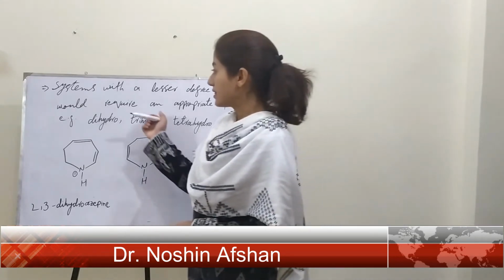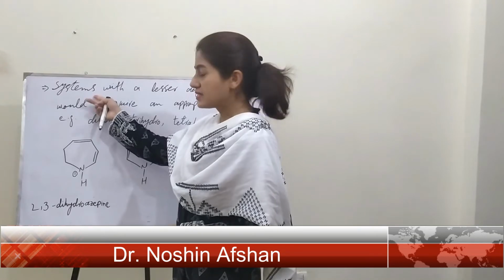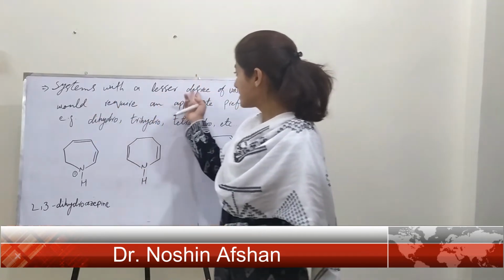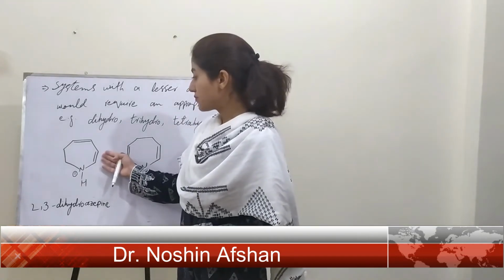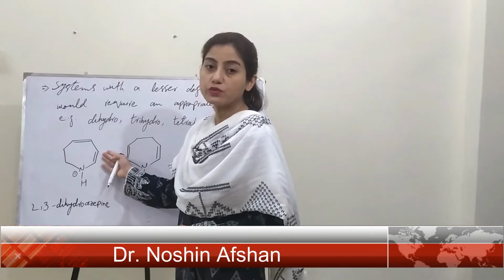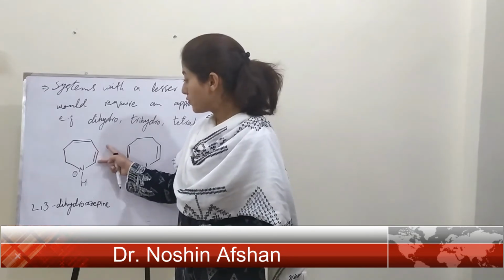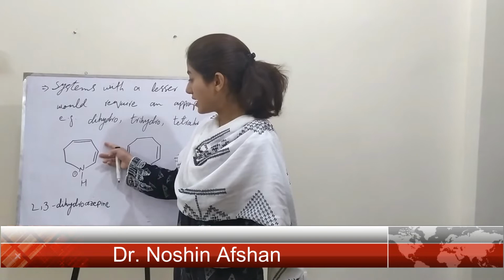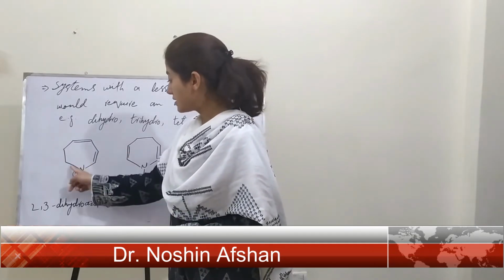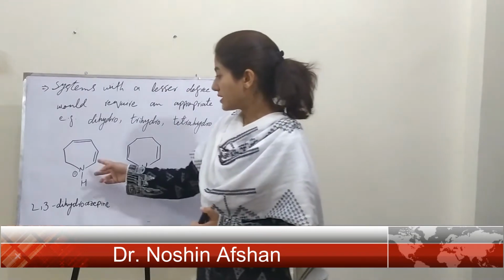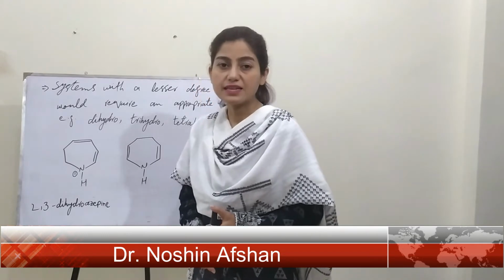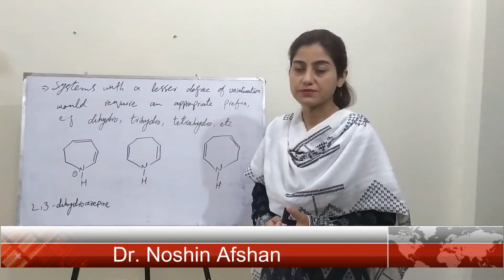So now the next rule is for systems with a lesser degree of unsaturation. For example, this ring, as this heterocycle is not completely saturated, because here 4 positions are unsaturated, but here 1, 2 and 3, these 3 positions are saturated ones. So in this case, we may say that it has a lesser degree of unsaturation.